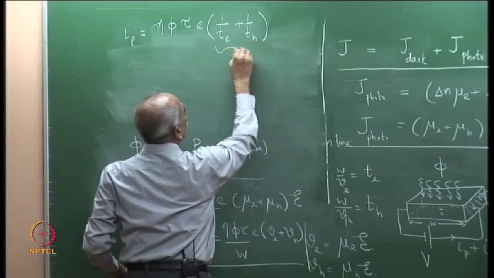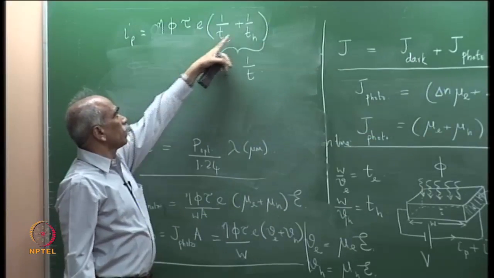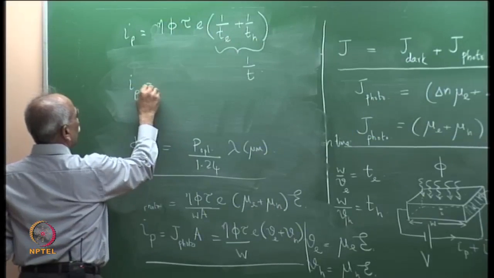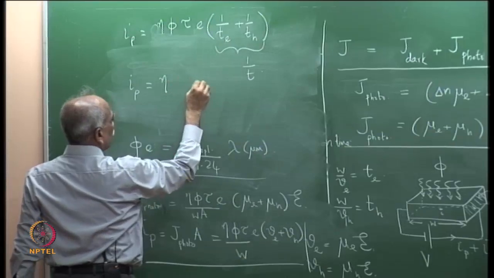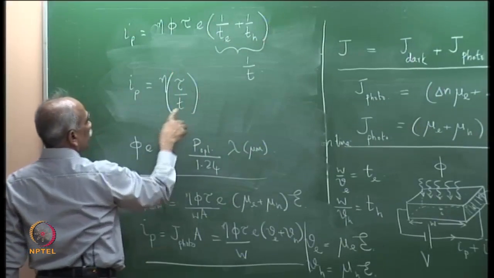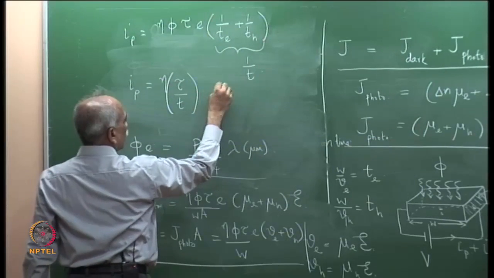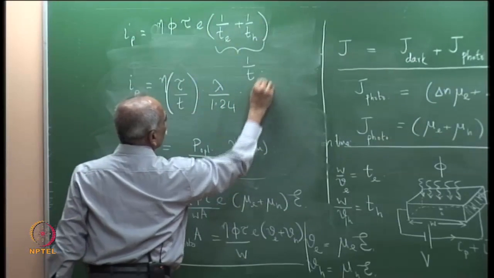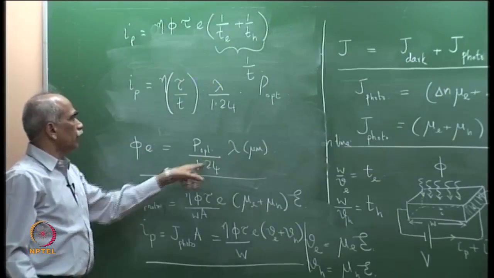This term I want to call 1 over T, which is 1 over T_E plus 1 over T_H, and therefore we can write I_P is equal to eta into tau divided by T, into lambda divided by 1.24 into P_opt.